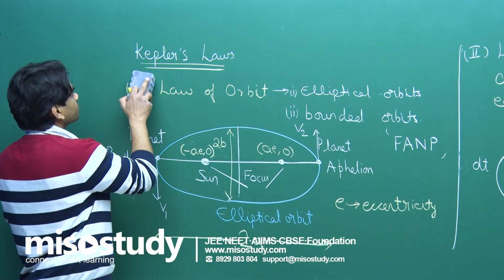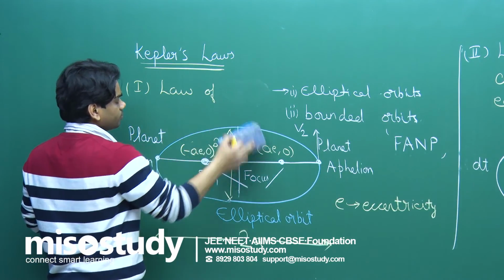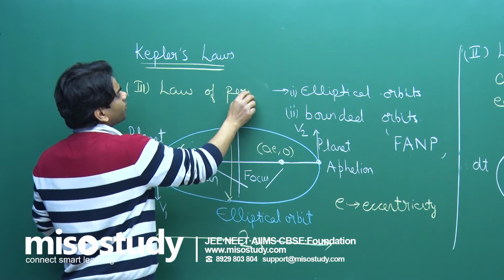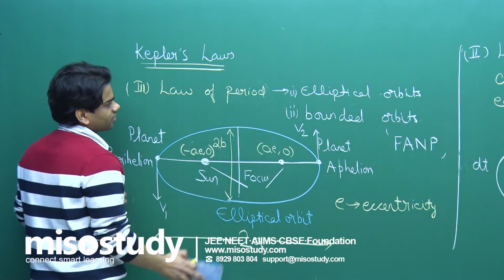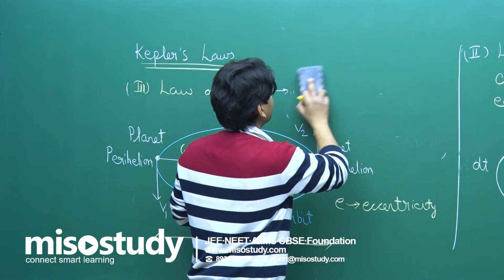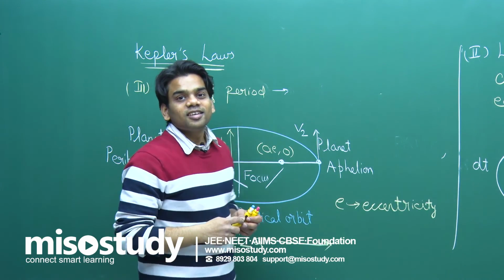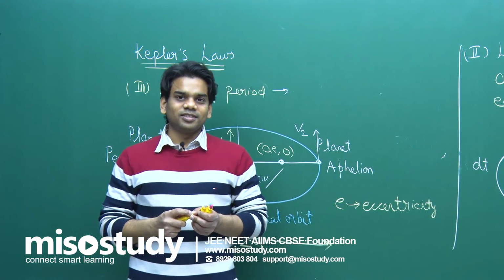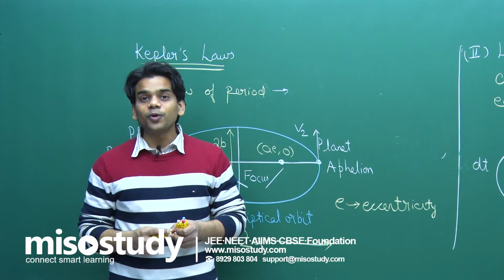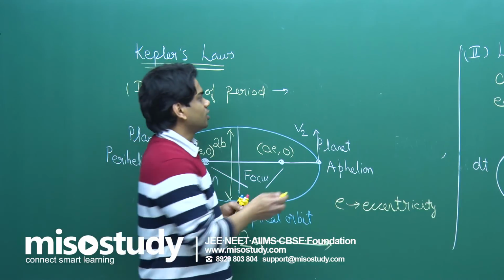Third law, the third law is the law of periods, and again it's very simple. The law says that the square of the time period of revolution around the sun is proportional to the cube of the semi-major axis of the elliptical orbit.